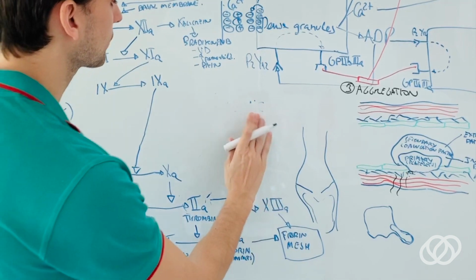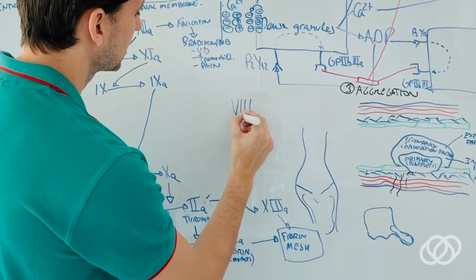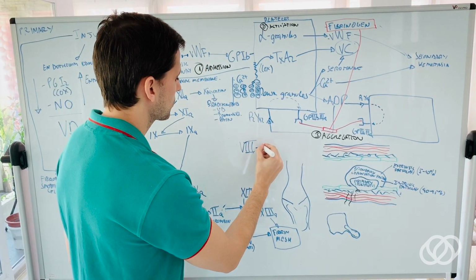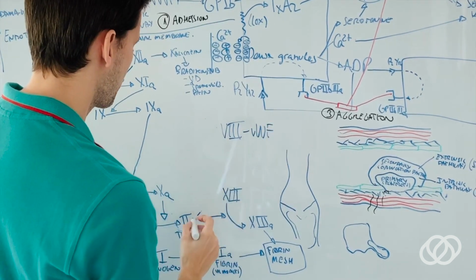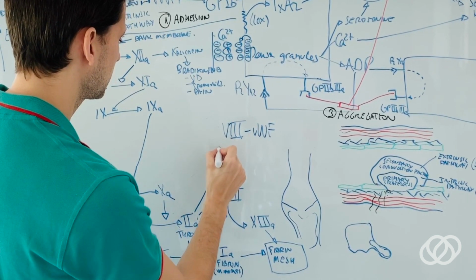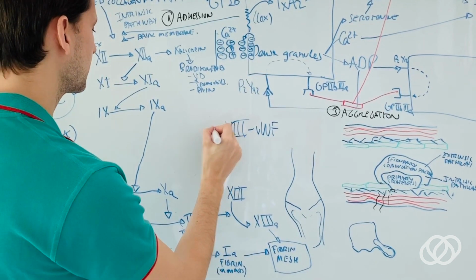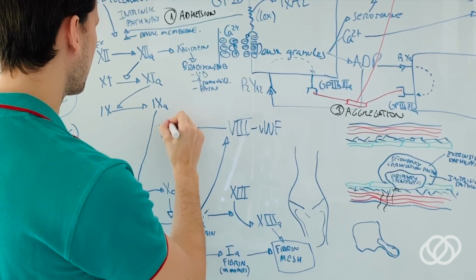So we are going to have on one side factor 8, that needs to stick with von Willebrand factor to be activated, but also needs thrombin to become activated factor 8.